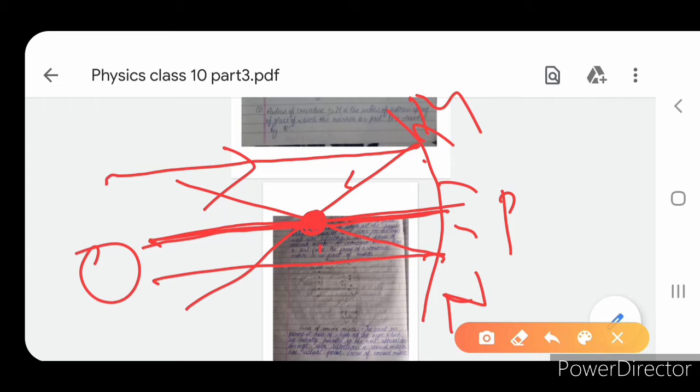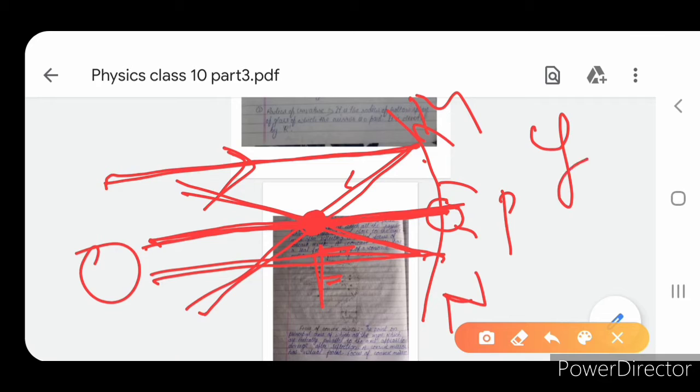This point, the focus, is denoted by capital F. The perpendicular distance between the pole and the focus is called the focal length of the concave mirror, and it is denoted by a small f. PF is the focal length, denoted by a small f.